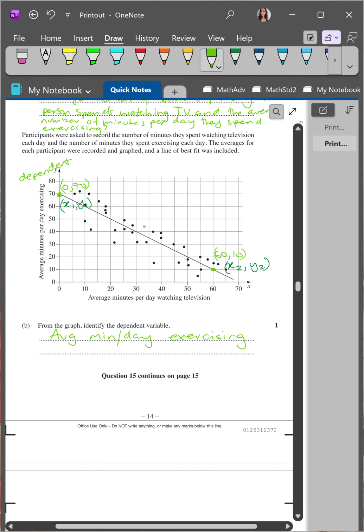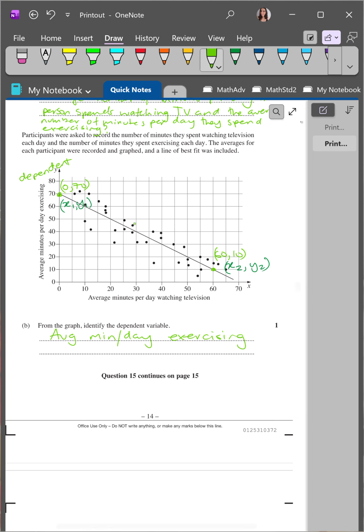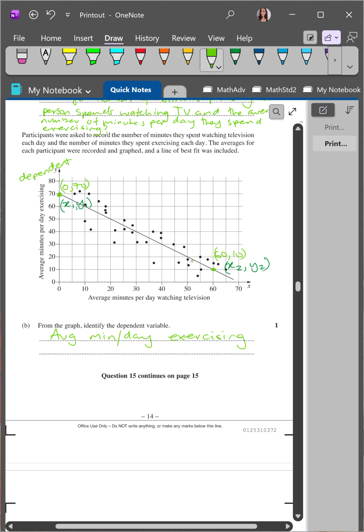Interpolate, I'll start with that, is if we want to find the value of a point that is within this data range. Let's say we want to find this point here. It's very much within the data range. We have recorded data before and after this point, and that is how we got our line of best fit. So it's pretty reliable, pretty accurate.